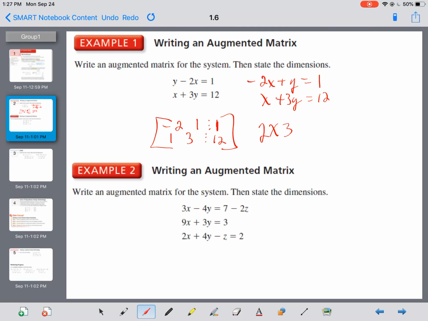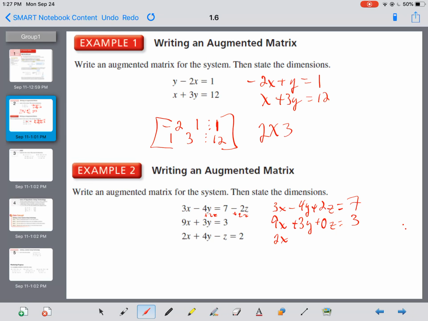Now let's look at example 2. So this is just bigger, okay? Now, if we look at this, we've got to rearrange some things, like z's over on the right side. So we're going to add 2z over here. So we get 3x minus 4y plus 2z equals 7. And the next one, I've got 9x, I've got 3y, but I don't have any z's, so I'm going to put 0 z's in there and then a 3 on the side.